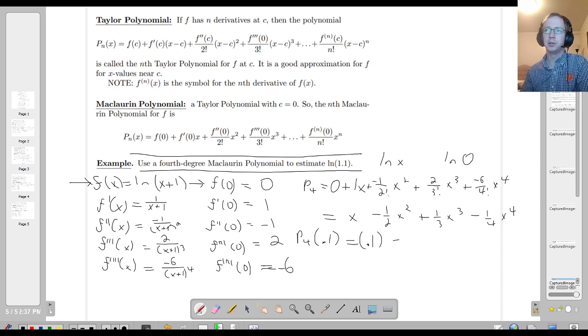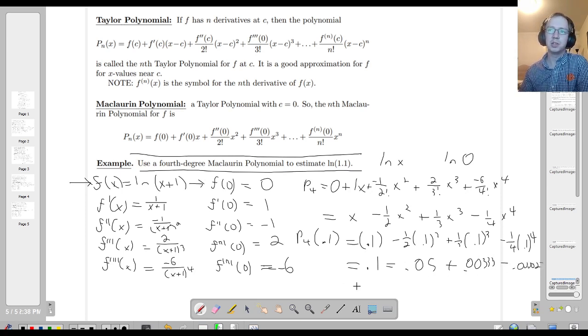So it's 0.1 minus 1/2 times 0.1 squared plus 1/3 times 0.1 cubed minus 1/4 times 0.1 to the 4th. We can actually do this by hand. So that's 0.1 minus, instead of 0.5, that's 0.05. It's going to be 0.00333 and 0.000025.